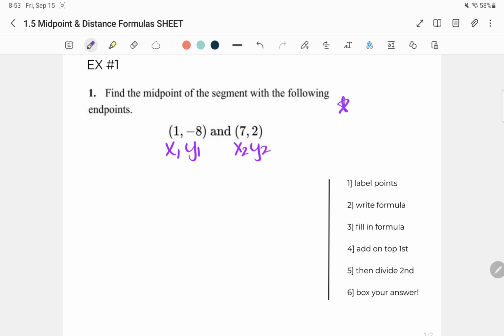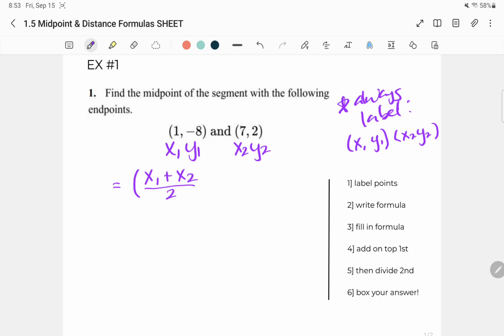And you're always going to label like that, because it's our first ordered pair and then our second ordered pair. And after we label our points, we're going to write the formula, which is the average of the x-coordinates, so x1 plus x2 divided by 2, and the average of the y-coordinates, so y1 plus y2 divided by 2.